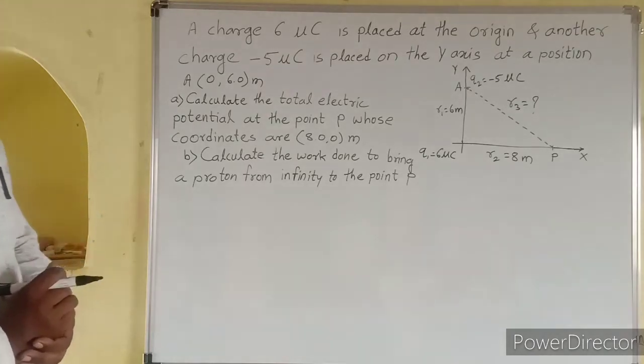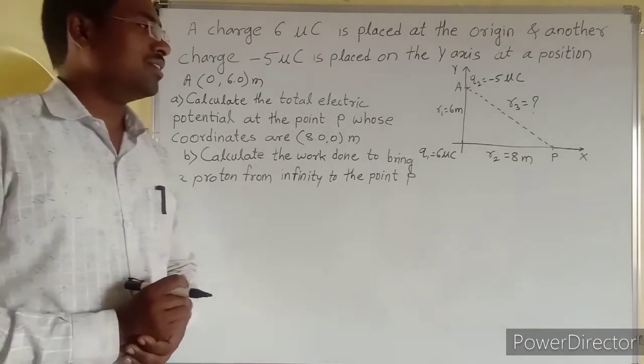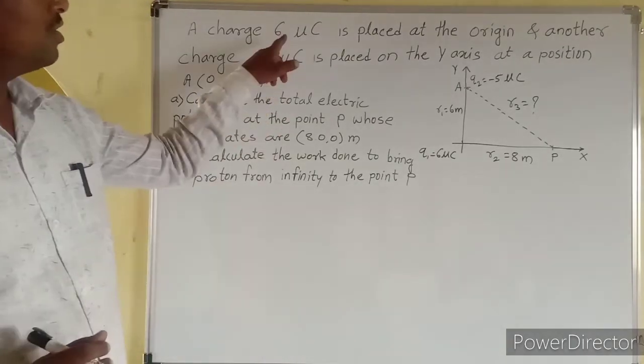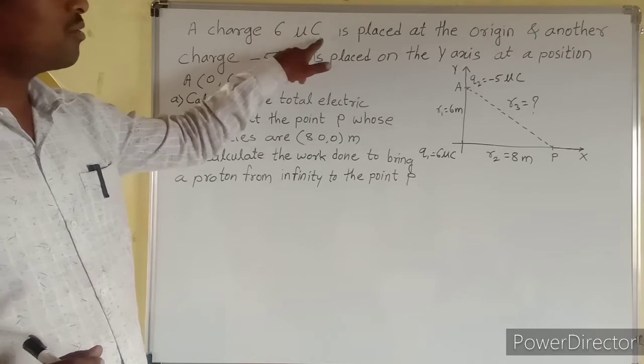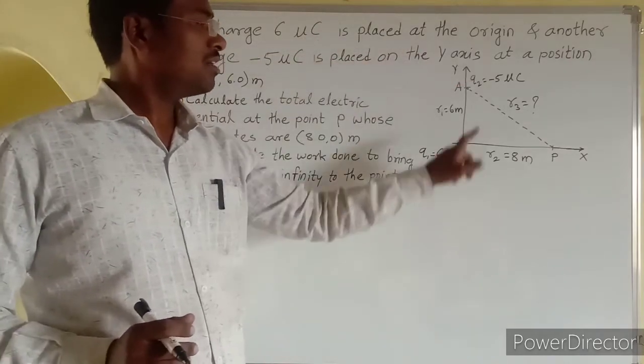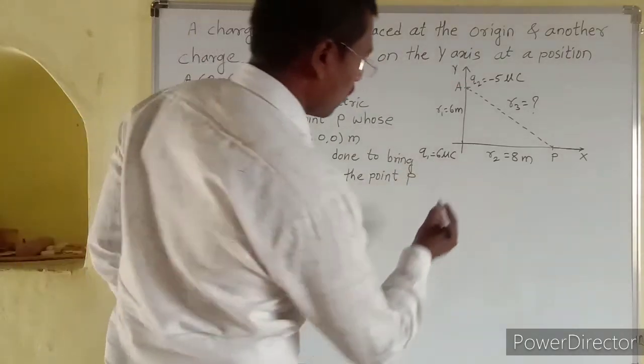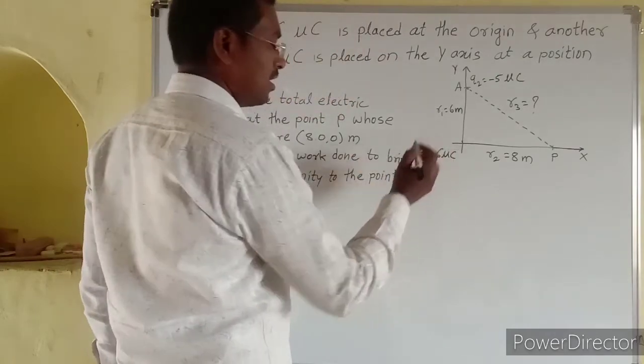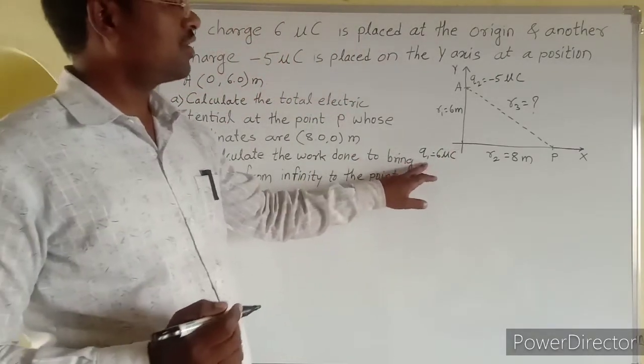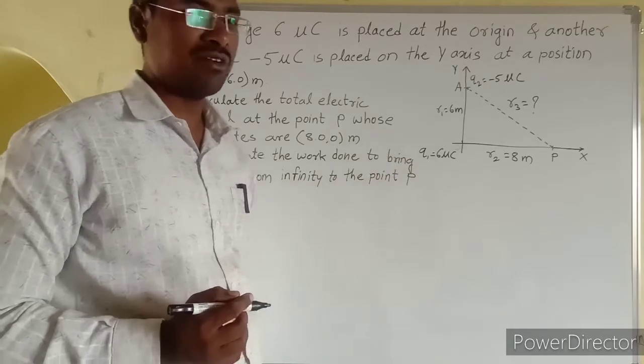Okay. Now we have been given two charges. This 6 microcoulomb charge is placed at the origin. Now this is origin O, and denote this charge Q1. Q1 is equal to 6 microcoulomb.